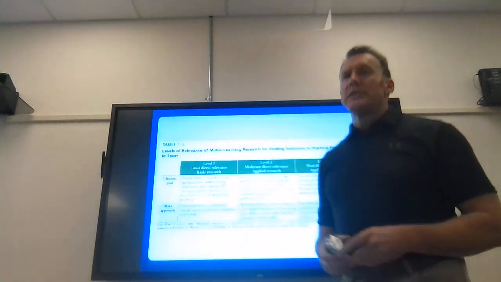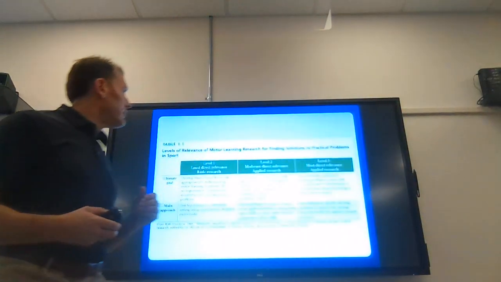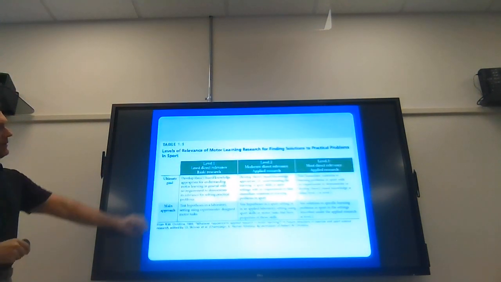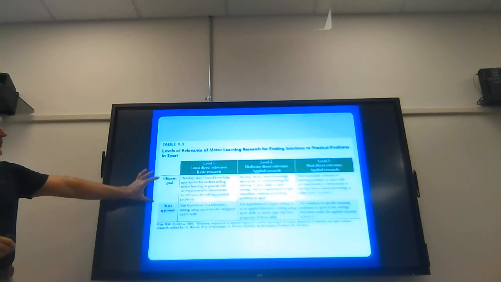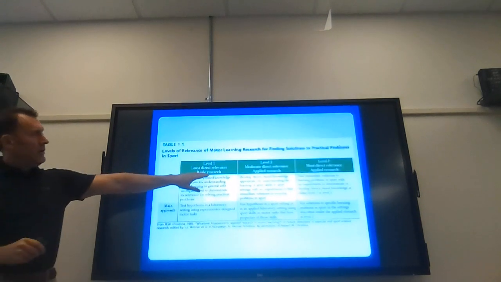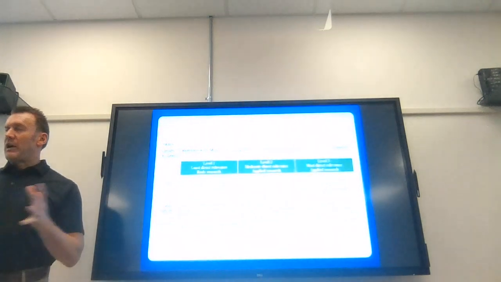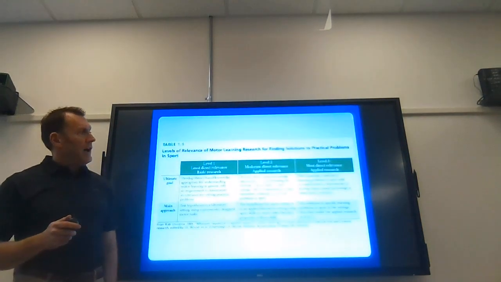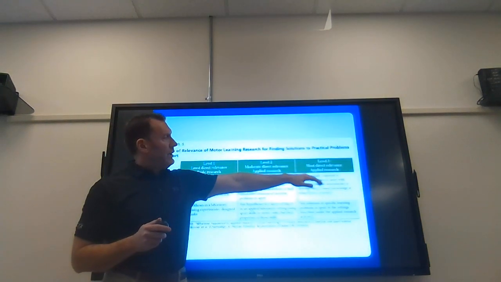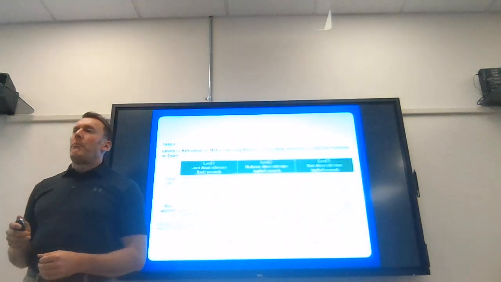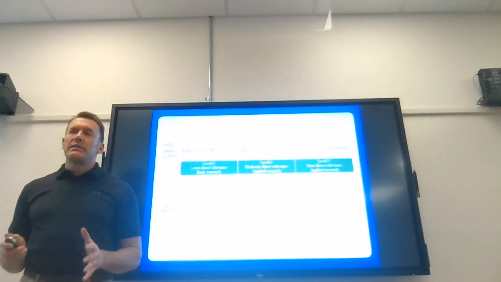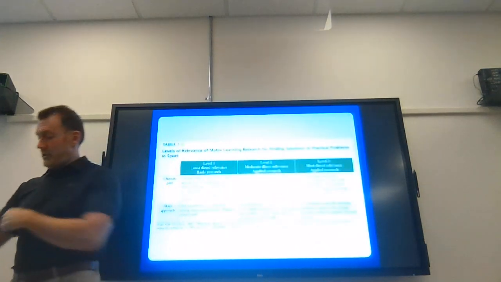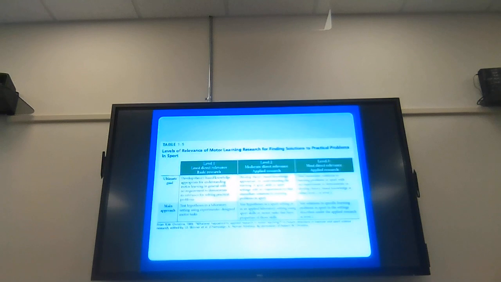So here's a table from chapter 1 of your textbook. I want you to take just a moment and scan through the ultimate goal and the main approach to level 1 basic. So this is our foundational type of research. Level 2 applied. Level 3 applied. So I suspect most of the projects in this class will be over here. Take just a moment and scan through all three of those.